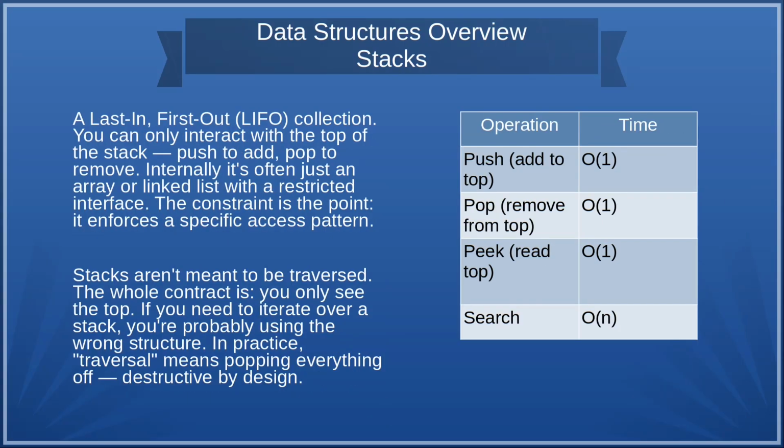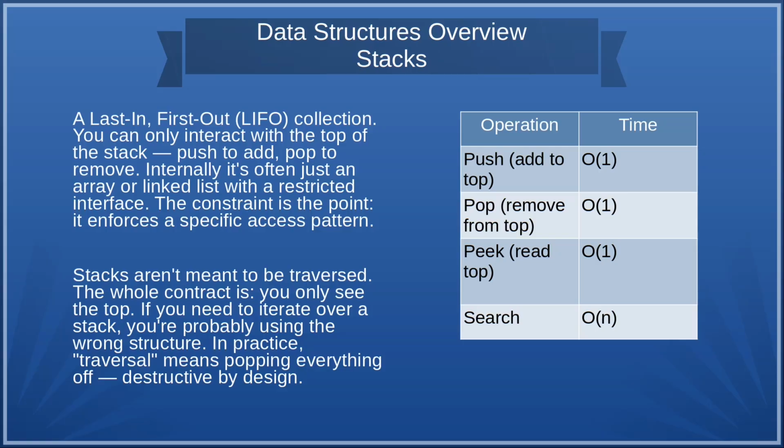Here we've got stacks. This is a last in, first out collection. You can only interact at the top of the stack: push, pop, and remove internally. It is just an array or linked list with a restricted interface. The constraint is the point. It enforces a specific access pattern. Stacks aren't meant to be traversed. The whole contract is you see the top.